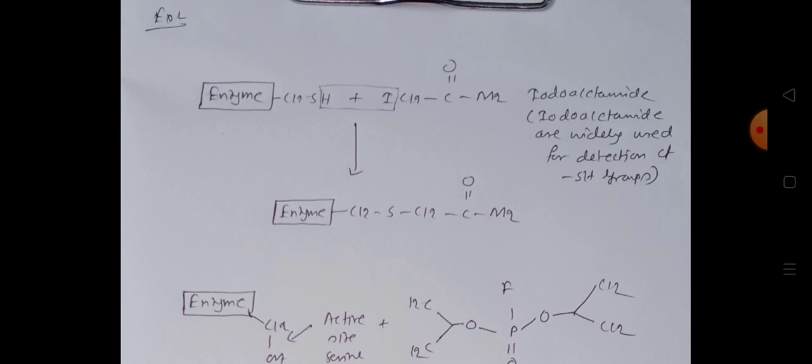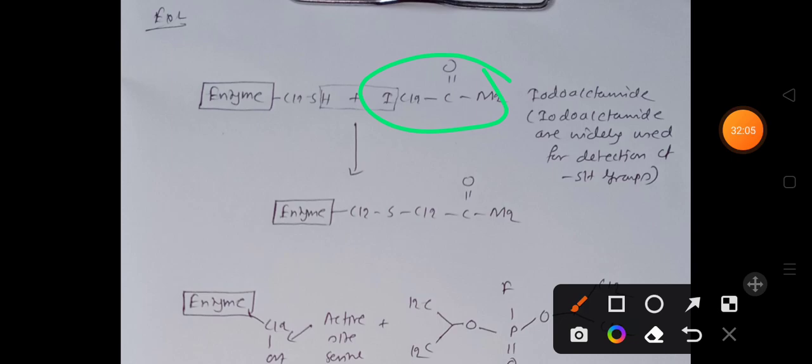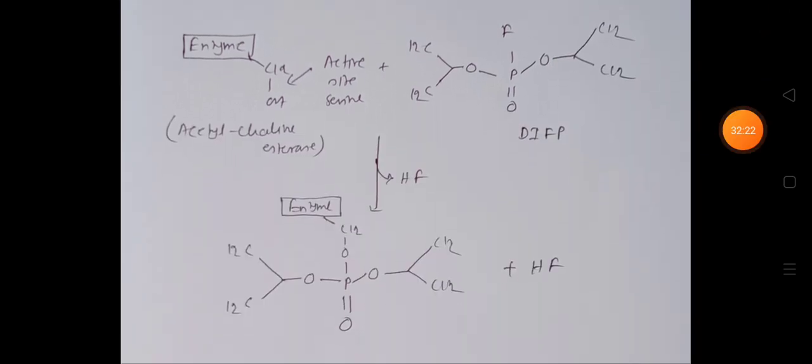For example, iodoacetamide. Iodoacetamide is an irreversible inhibitor that reacts with enzymes having SH groups in their active site, for example cysteine, okay, and that is the reason why we can use iodoacetamide for the detection of SH groups, okay. Another important example is diisopropyl fluorophosphate, okay.